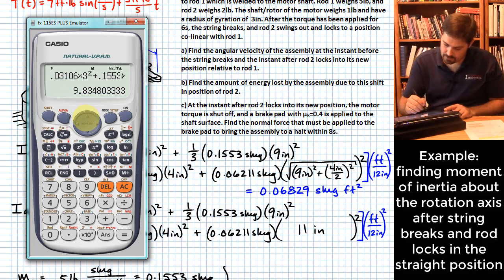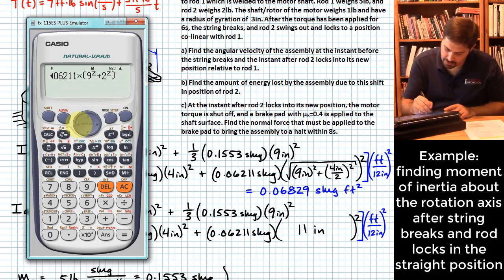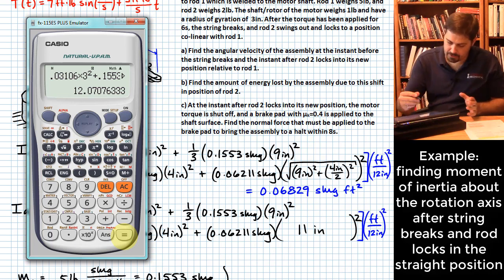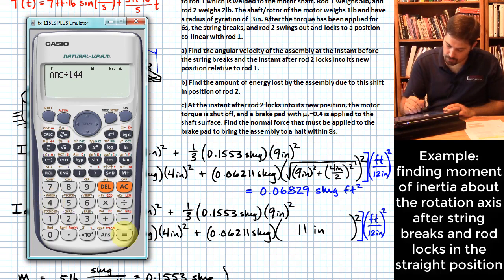So I may as well go up here and start editing this. What we found there was that it's going to be 11 inches, and that should be squared. When I hit equals, it gives you this value, and then we'll divide that by 144.